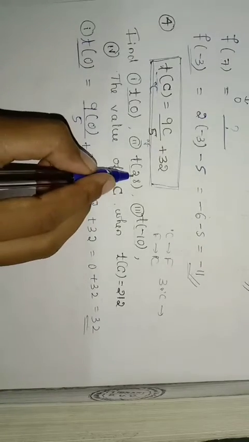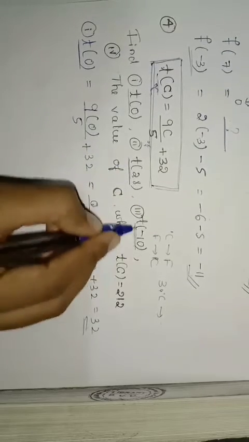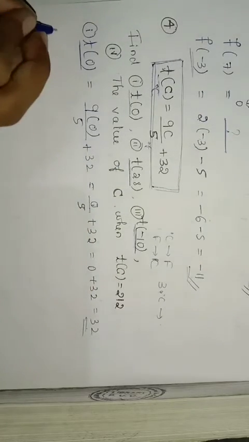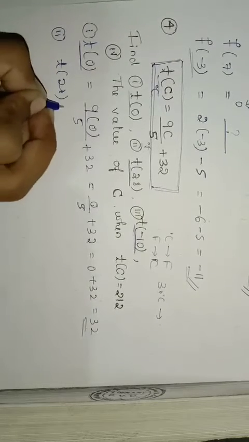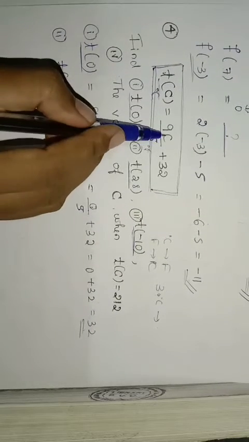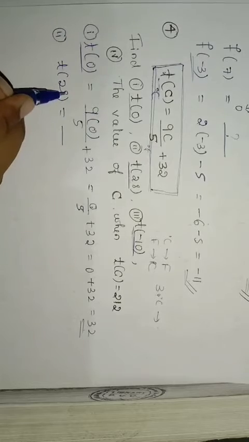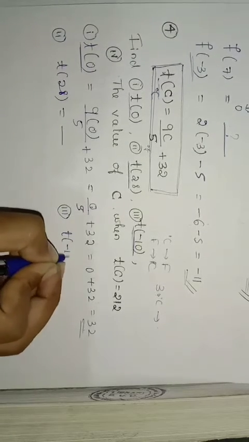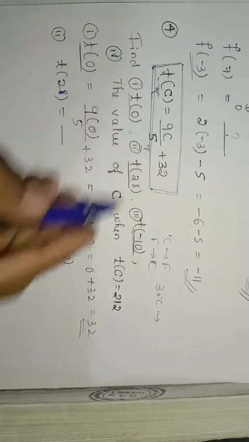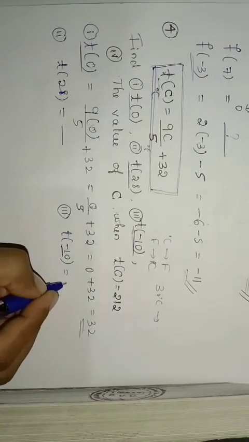So similarly, you calculate for t of 28 and t of minus 10. Okay. So t of 28, see, in place of c, put this 28, and similarly the third one, that is t of minus 10. So in place of c, you substitute this minus 10.